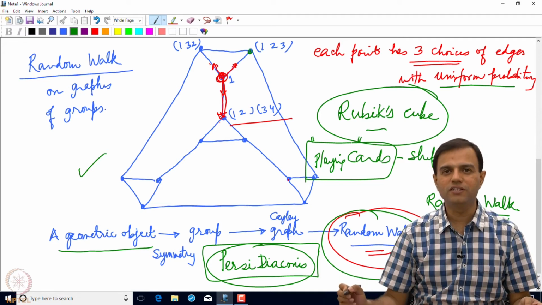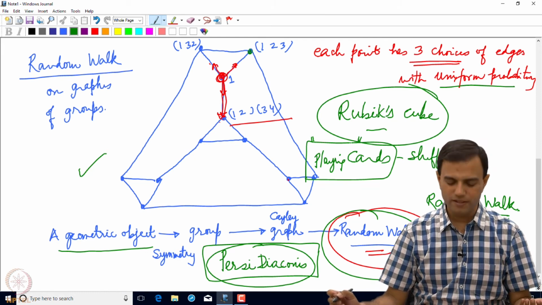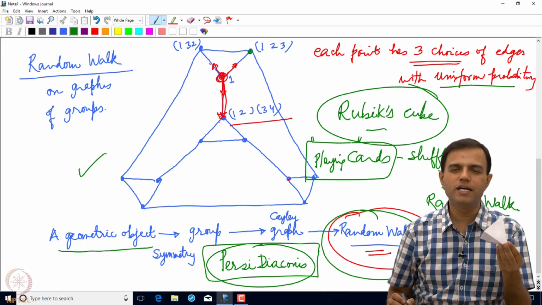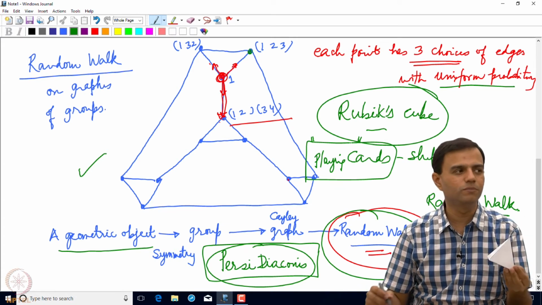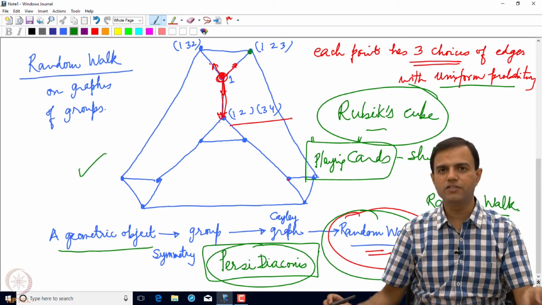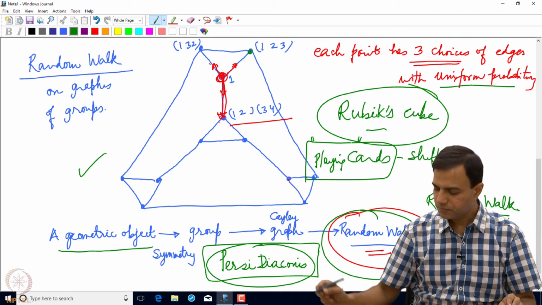So, quite interesting things, right? Groups are there, symmetry is there, geometric objects are there, graphs are there, playing cards are there, Rubik's cube, so many interesting things are there just in one go.